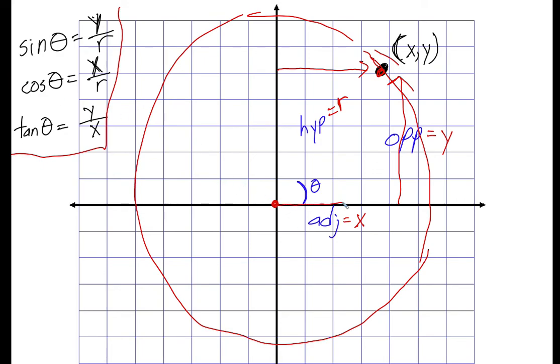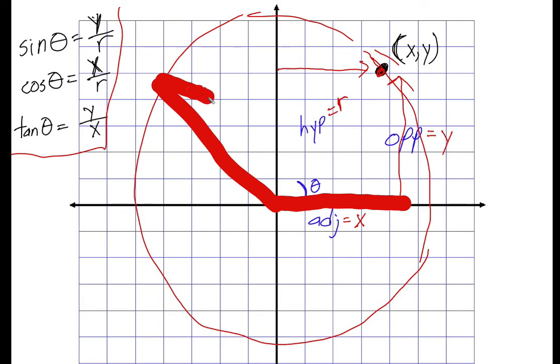It comes across here, and it comes off like that, and it comes over here. If we're talking about the angle inside here, I don't even need this line. I'm just thinking about the angle between this line that's along the positive x-axis and this line that I went off at some angle. That angle's bigger than 90 degrees. I couldn't put that in a right triangle.